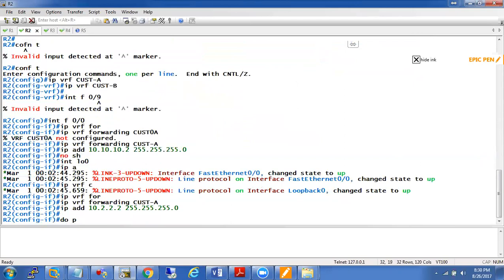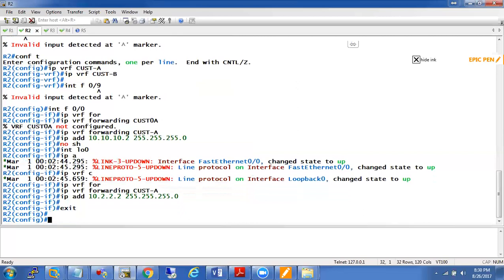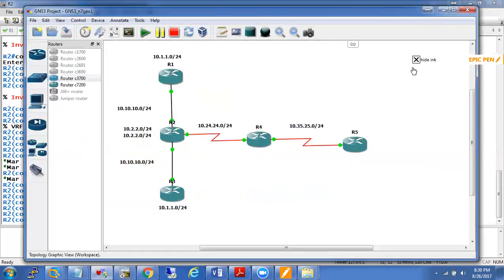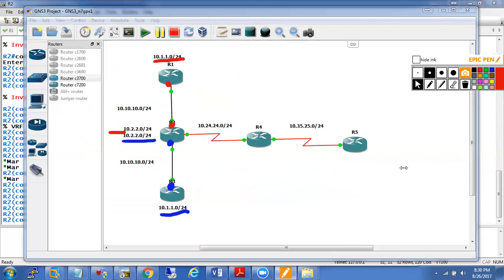So if I do a ping, oh, I need to create a route over here. R2 needs to ping R1, right? R2 needs to ping R1, the 10.1.1 network. Can it?